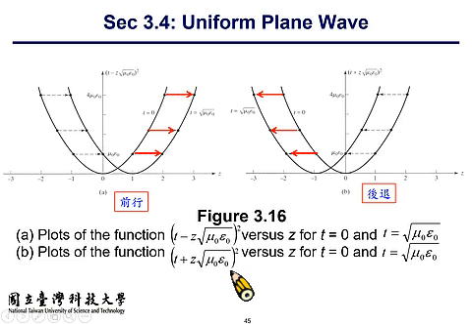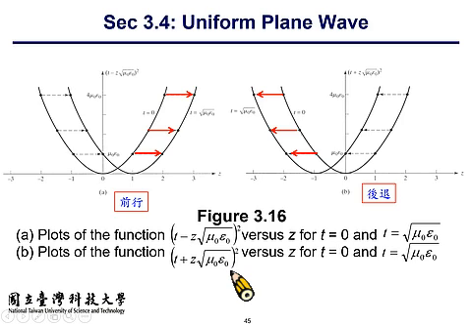So what happens if we do a differentiation over the parameter? If we take a differentiation over the parameter, we end up with dt minus plus square root of mu 0 epsilon 0 dz.